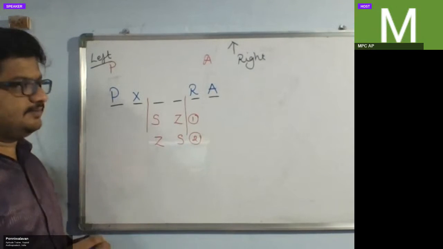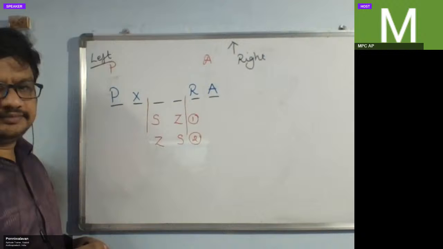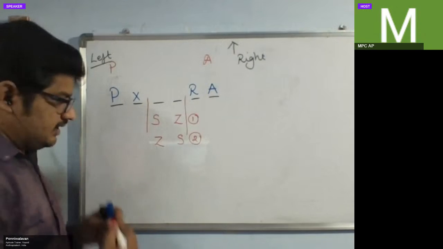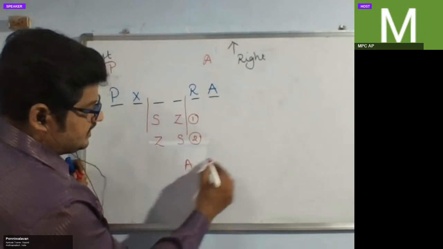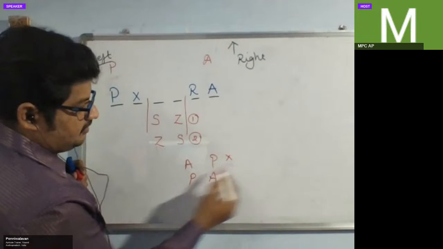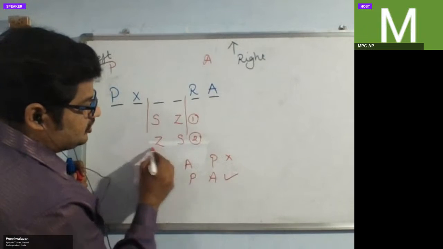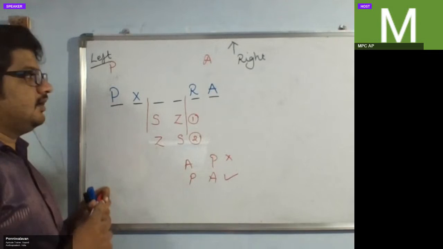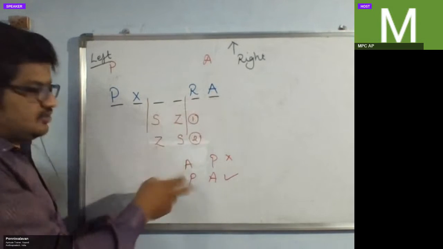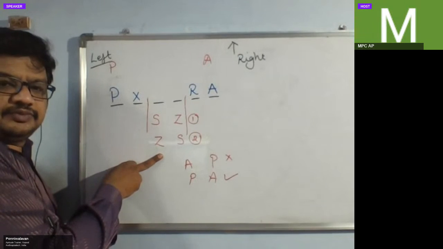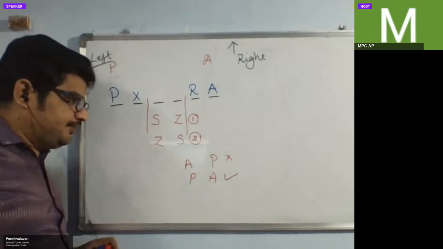How is it 2? Sir, A, P, sir, P, A, sir. So this one is not possible, sir, so the reversing is possible, sir. So can I take 2? Here we take this PA only, right? So based on that, can we take 2? No.